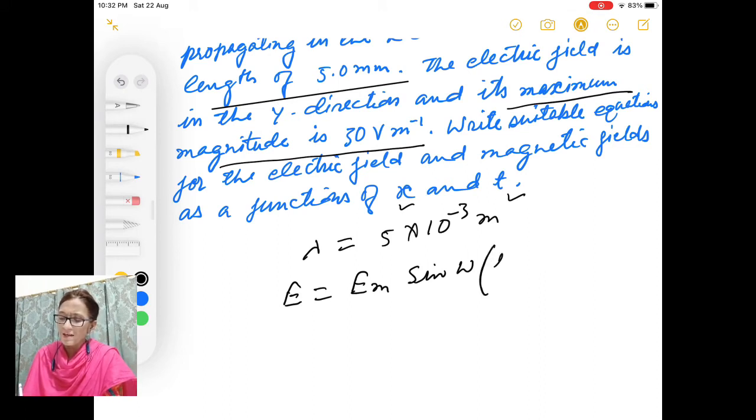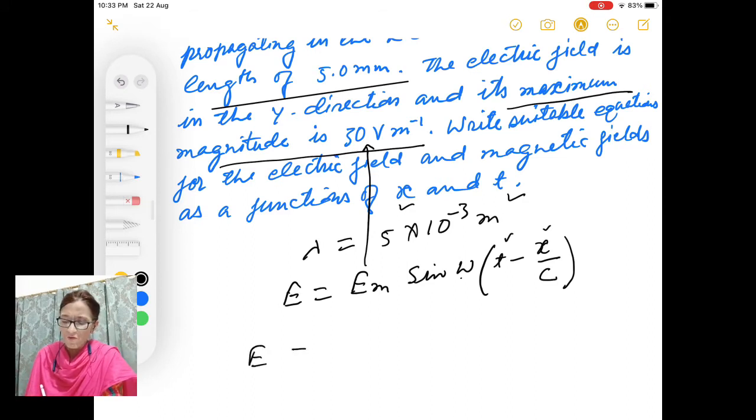Sine omega t minus x by velocity of light c. So these things we have not changed. We have to put value of omega and your electric field amplitude. And it is given, electric field amplitude is 30 volt per meter.